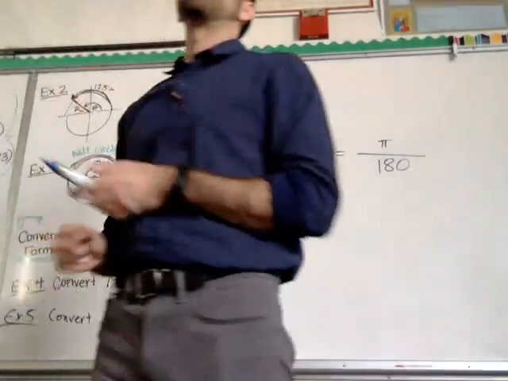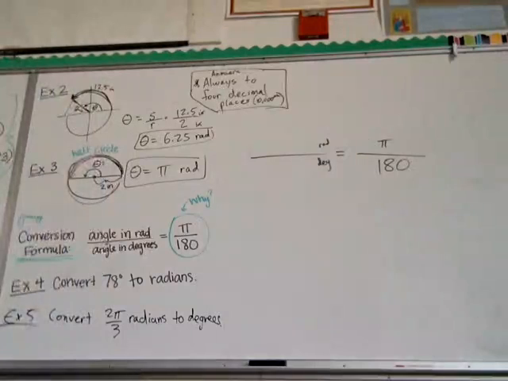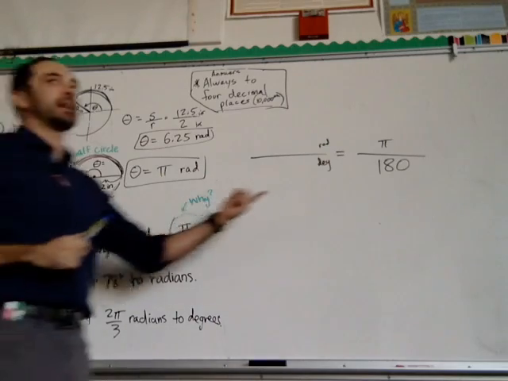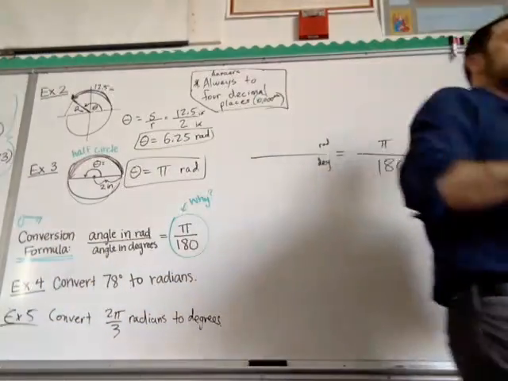Who can, for a starburst, tell me why it's pi and 180? Well, the 180 is because half of the circle is 180. Good. And how does that relate to pi, though? I like what you're saying, that's the first step.